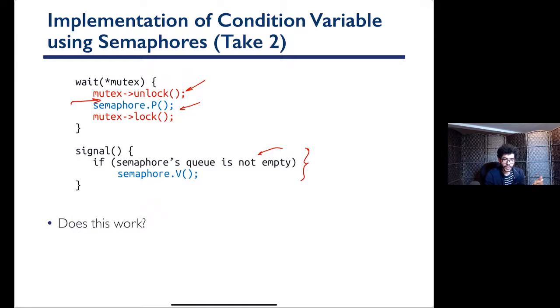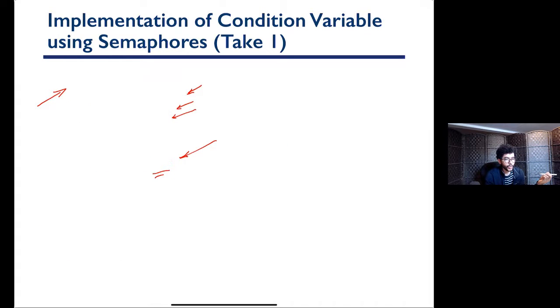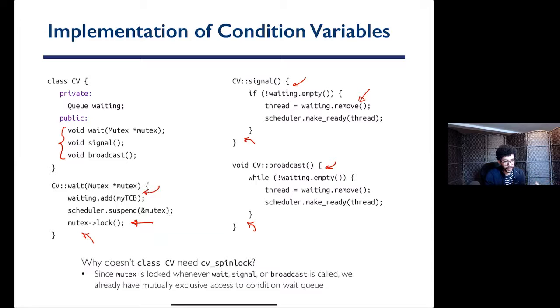And you can compare this with the implementation that we had. Let me actually go up and show you that in this implementation, wait is atomic. The reason for that is that we're going to call this suspend function to do all of that. And the way we implemented this suspend function, we made sure that it is implemented atomically.